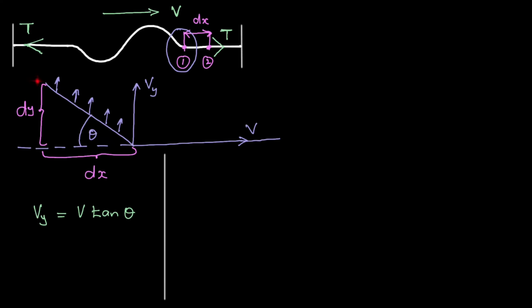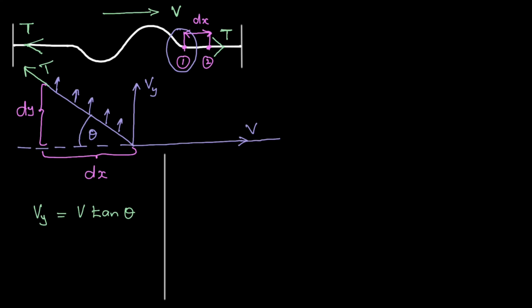Now we're going to look at the tension and the force in the y direction that is pushing this up. The string will be experiencing a force in the y direction. There is a tension in this direction, and that's the hypotenuse, and the opposite will be Fy.